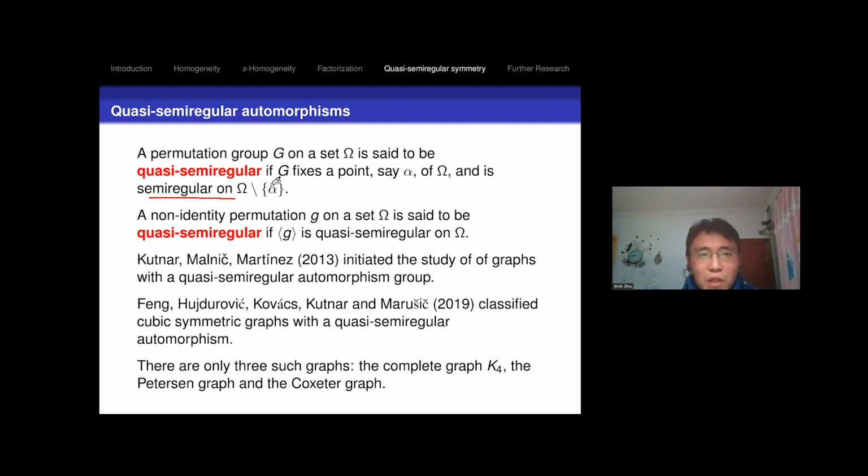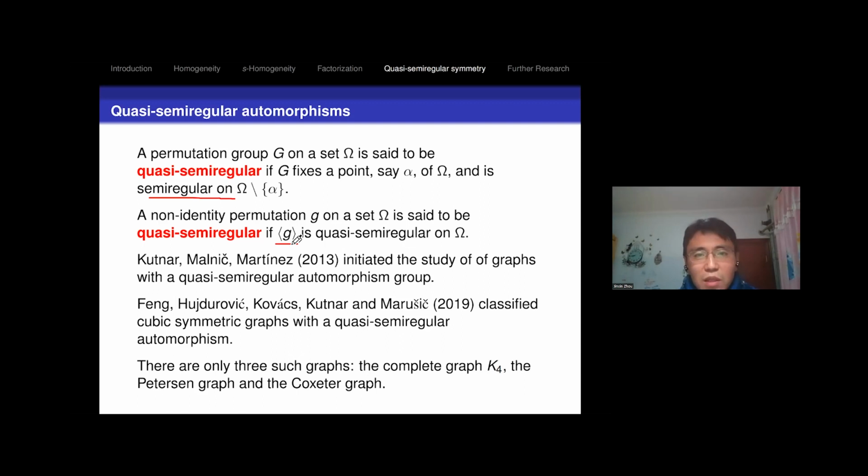Then a non-identity permutation g on set omega is said to be Cauchy semi-regular if the subgroup generated by g is Cauchy semi-regular on omega.